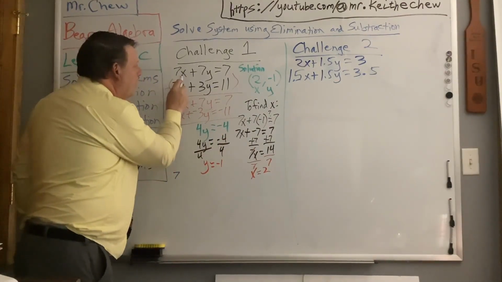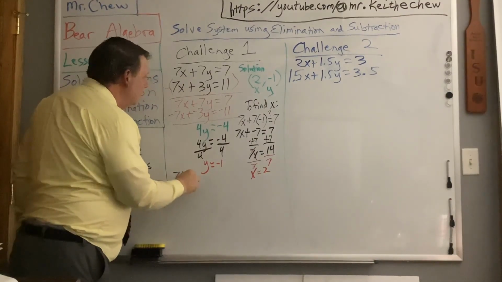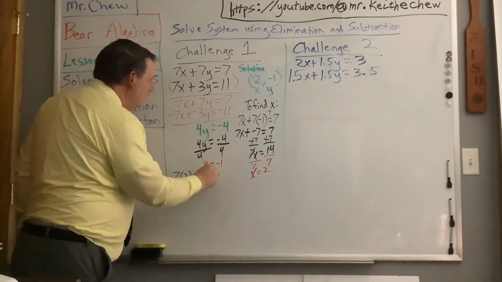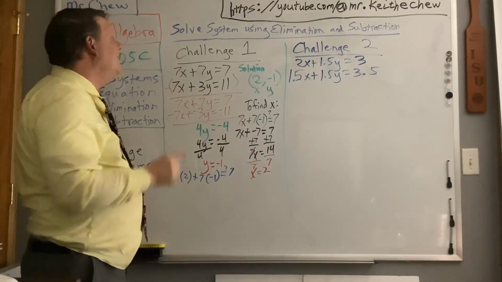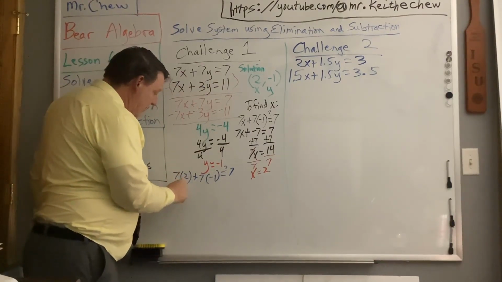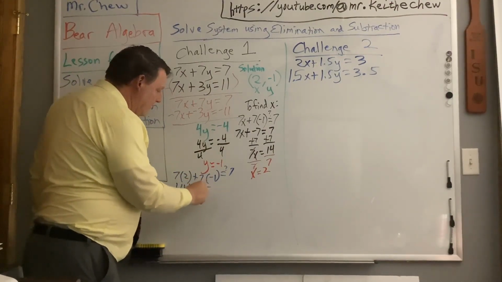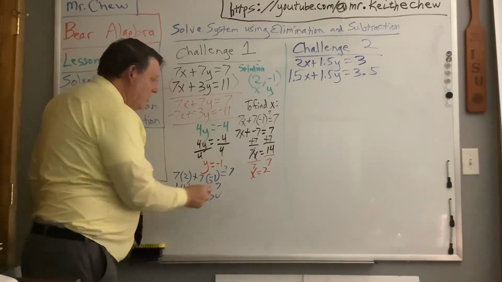So I'm going to put a 2 here and a negative 1 here. If that's true, it means that that point is on the graph of the top line. So I've got 14 plus negative 7. Does that equal 7? 7 equals 7. You checked.